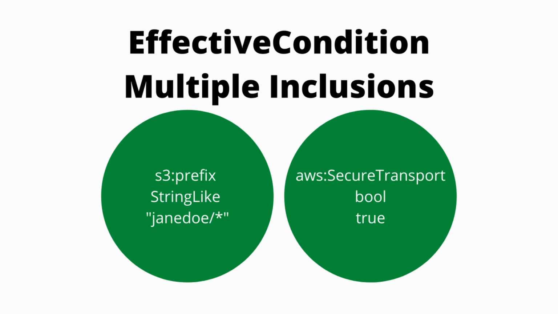Effective conditions represent scenarios from the possible set of conditions that are allowed. If you think of the white space in this slide as the possible conditions that might exist in AWS, all possible combinations of values, operators, and keys, then we're essentially including two specific conditions that must be fulfilled.